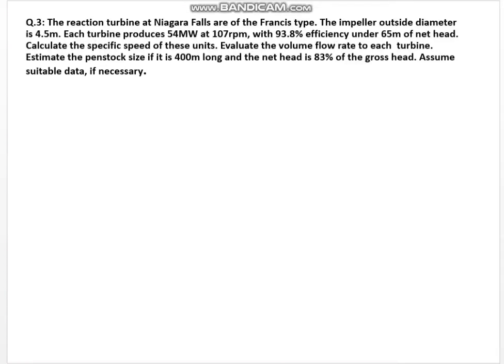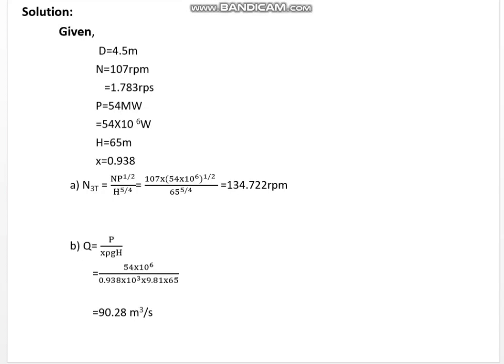Now, the outside diameter is 4.5 meter. The turbine produces 54 megawatt at 107 rpm. Head is given as 65 meter and efficiency is 0.938.